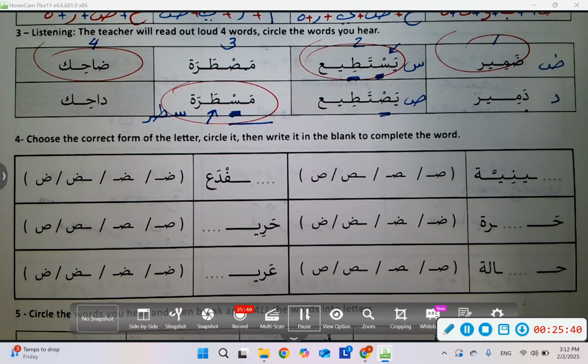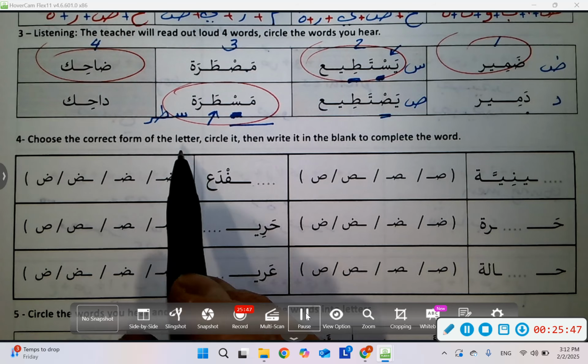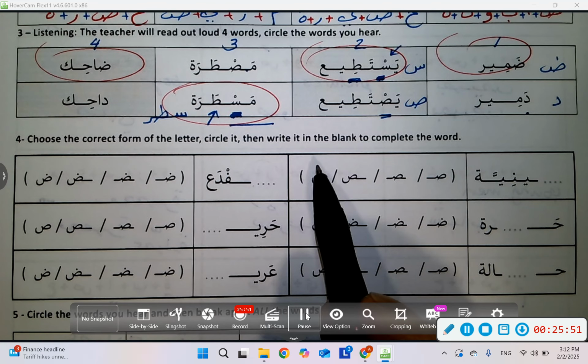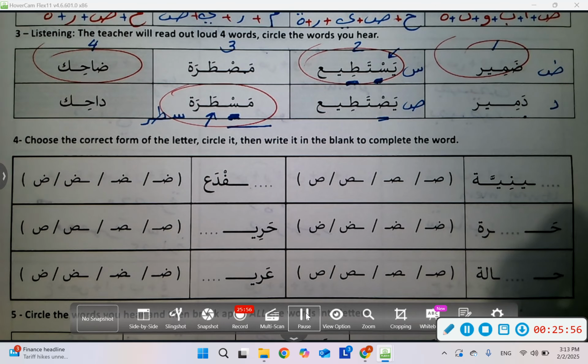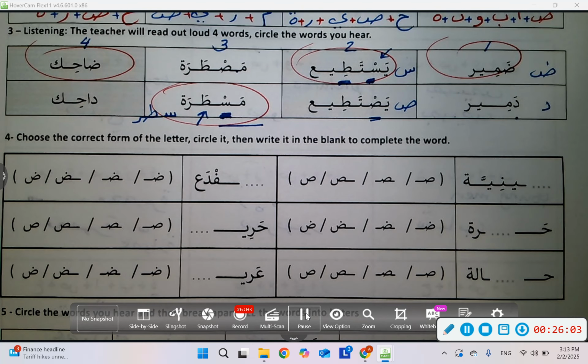Question number 4. Choose the correct form of the letter, circle it, then write it in the blank to complete the word. صينية. So صينية, although it means Chinese, a Chinese woman, because a Chinese man is صيني and a Chinese woman is صينية.